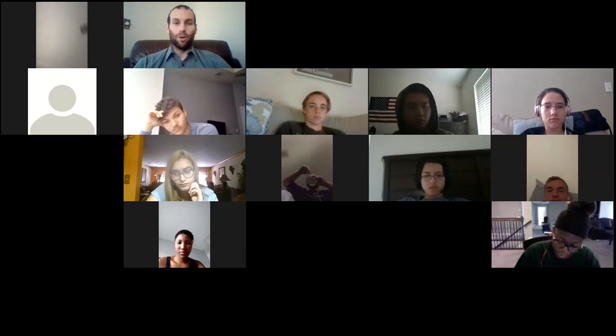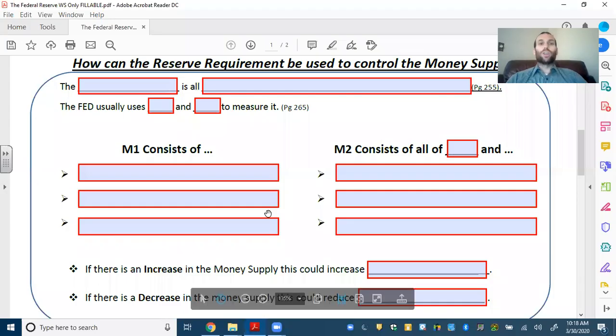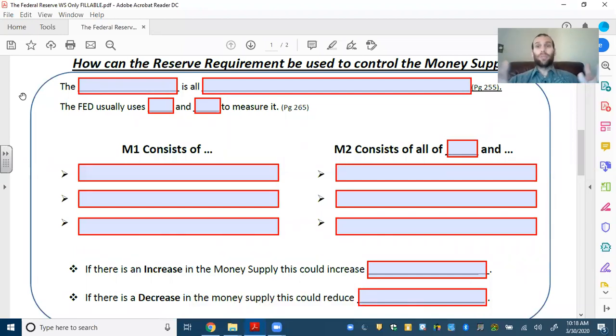So let me go ahead and go back to the PDF here. So the supply of money in the United States is constant. There's a certain amount of money that is out there that we use all the time. Who controls the money supply? That's the Federal Reserve. They're in charge of what we call monetary policy, which is the money policy of the United States. So what the money supply is this.